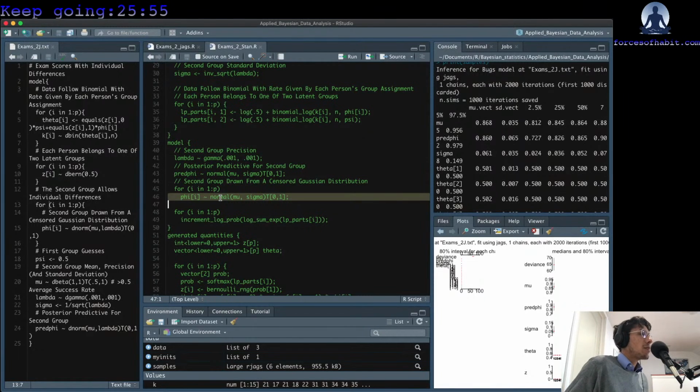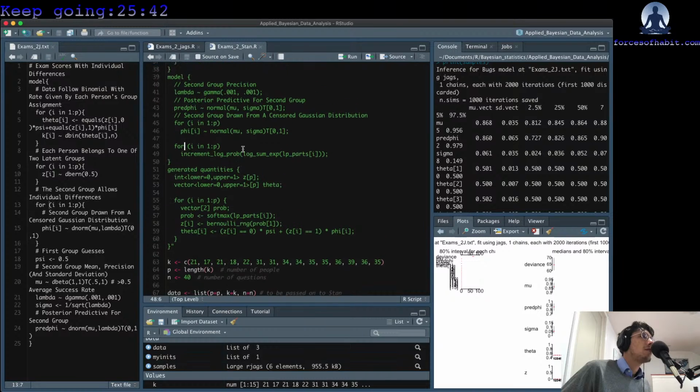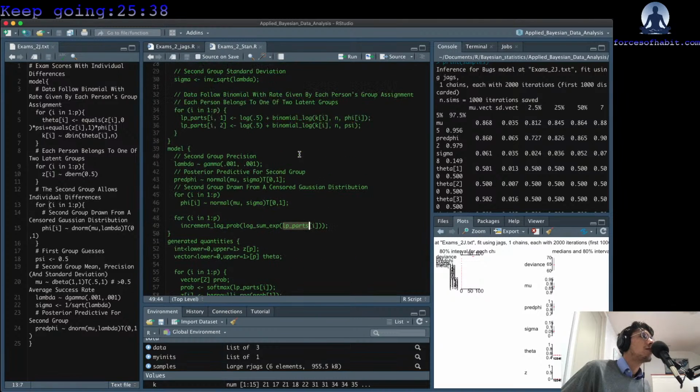And then incremental log prob, log sum, LP parts i. I don't understand this yet. So do some incremental log probability of the sum of the parts.